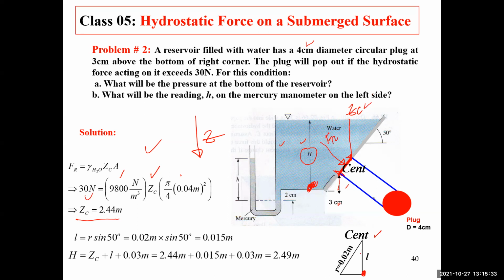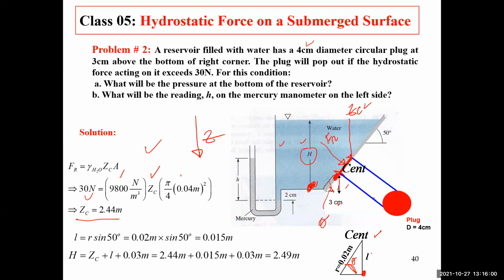I'm saying from the centroid to the edge of my plate here, okay? But I know that the radius is equal to 0.02 meters. I know that this angle is theta.